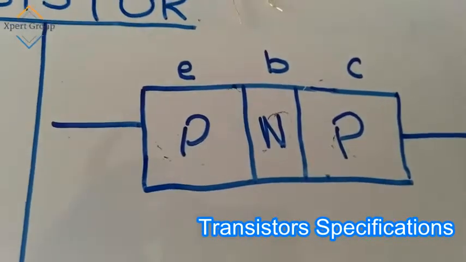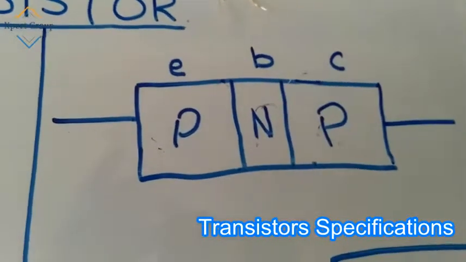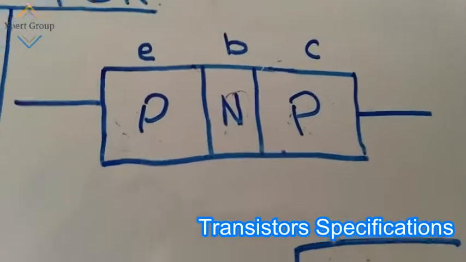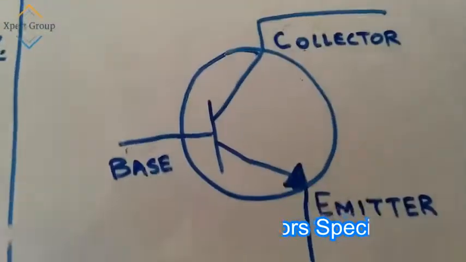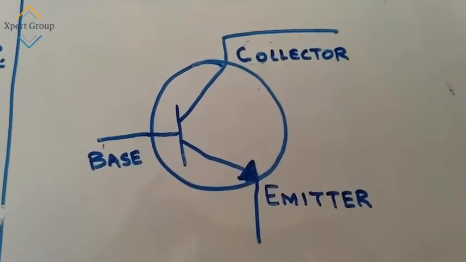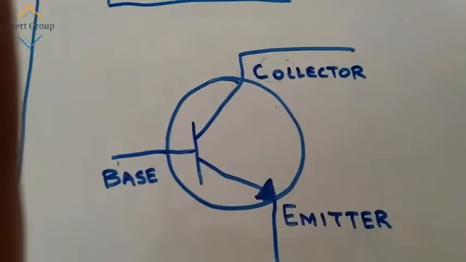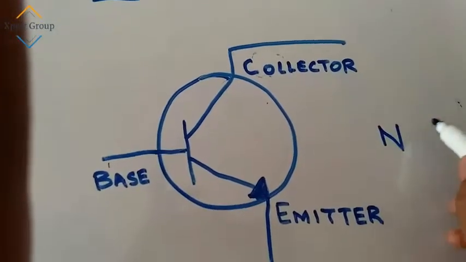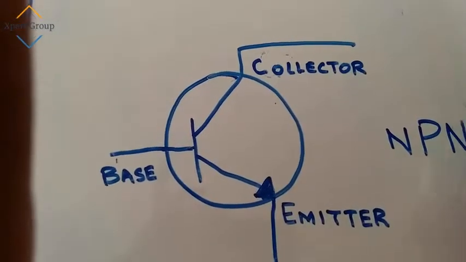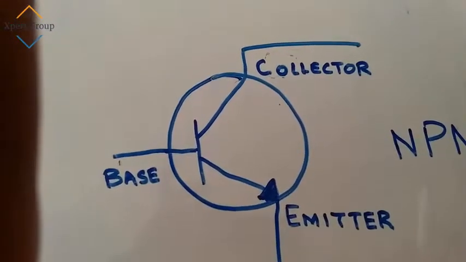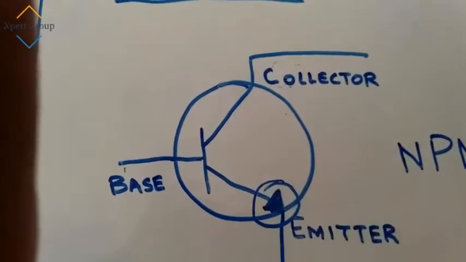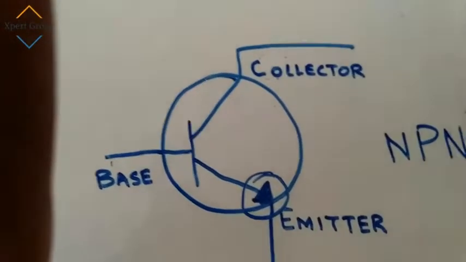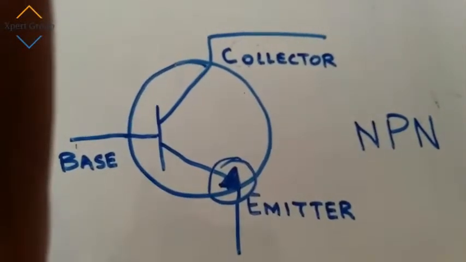Now gentlemen, I will tell you the electronic representation, or the symbol, of the transistor. Here is the electronic representation of the NPN transistor. How can we differentiate between NPN and PNP? This arrowhead will tell you whether the transistor is NPN or PNP.